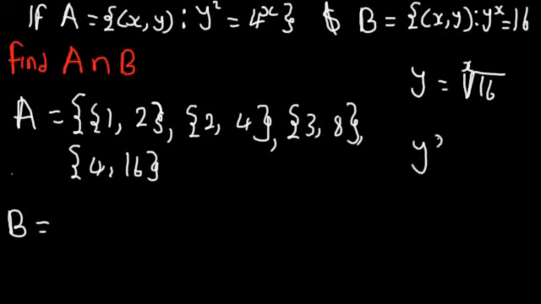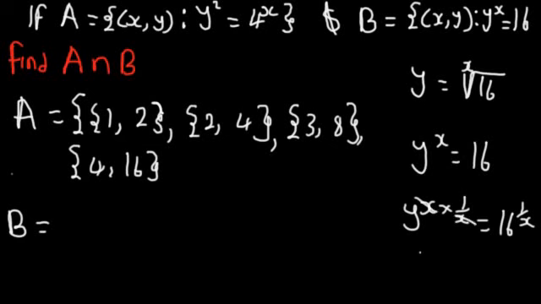We said y raised to the x is equal to 16. So let's raise both sides to the power of the inverse of x. So we have y raised to the x, to the power of the inverse of x, equals 16 raised to the inverse of x. So this x we cancel and we have y to be equals x root 16. So that's how I got y to be equals x root 16.